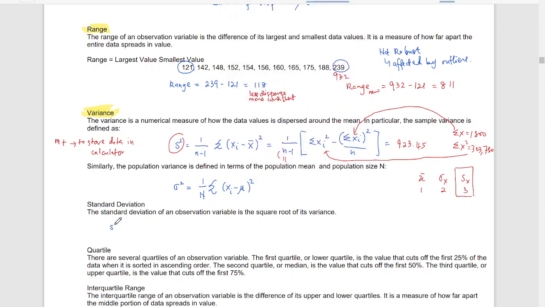So in this situation, the standard deviation is just simply the square root of the variance. Which means that if you want to find the standard deviation of a sample, for example, the above part here, you just need to say S is equal to the square root of S squared.